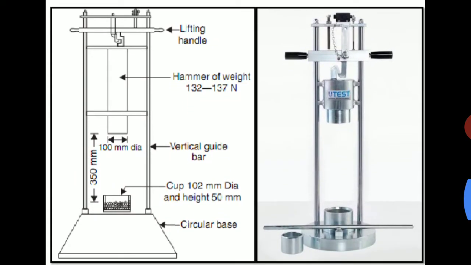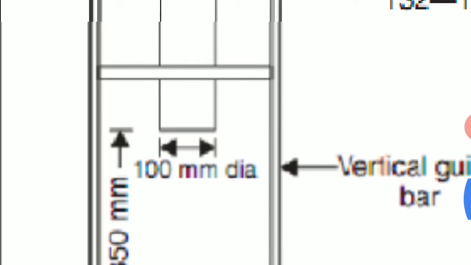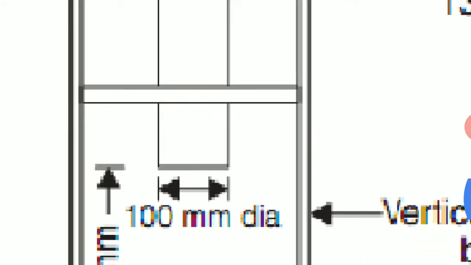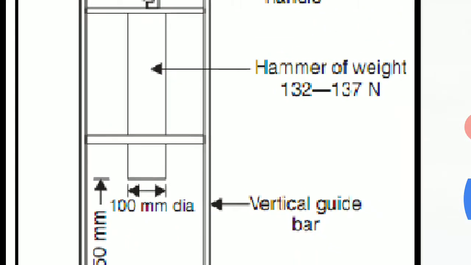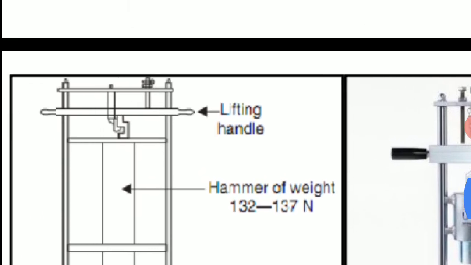This is the entire aggregate impact test machine. The machine has the cylindrical measure, which holds the aggregate, and you can see the hammer here, which weighs around 13.5 to 14 kg, and here you can see the handle.